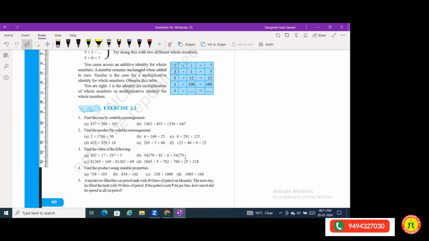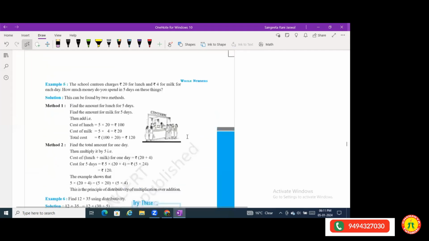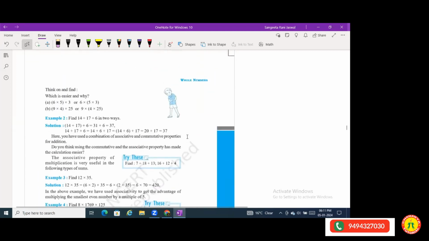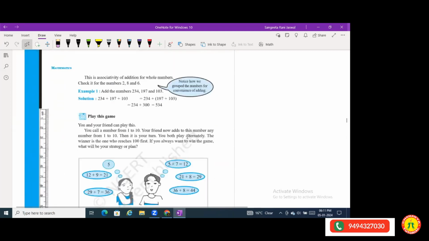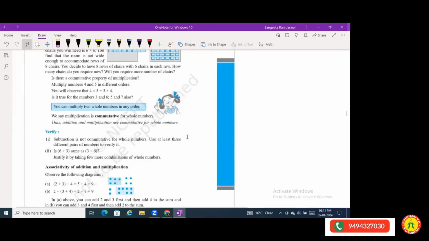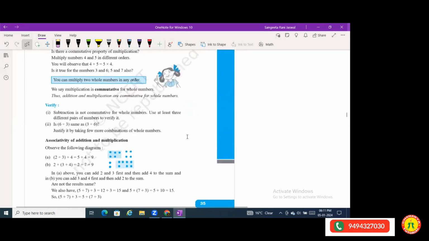Now, adding things in proper arrangement. We had learned about commutative and associative properties earlier for addition and subtraction in integers.